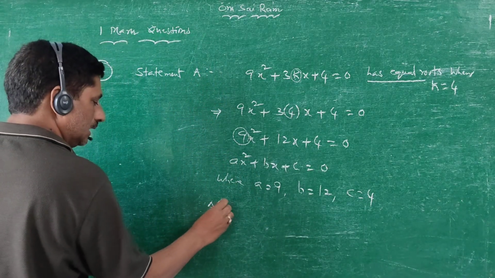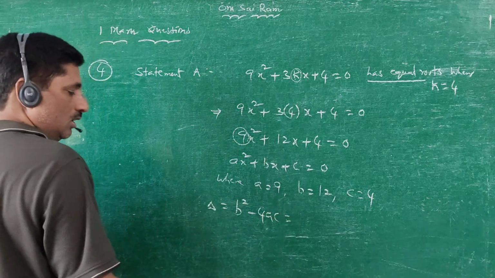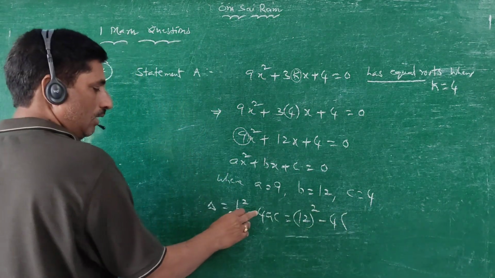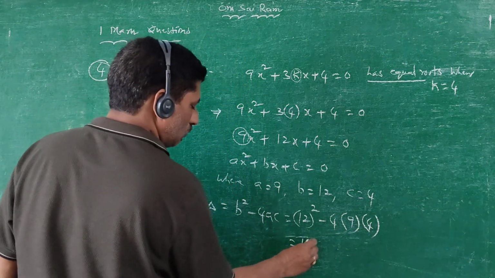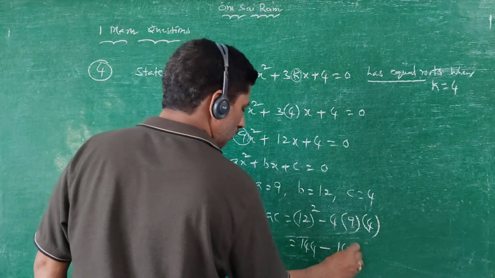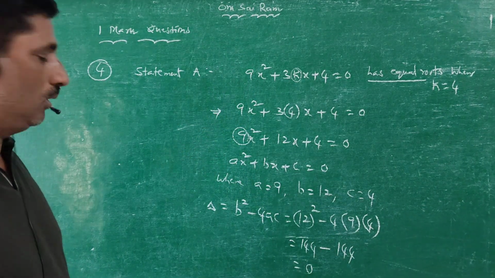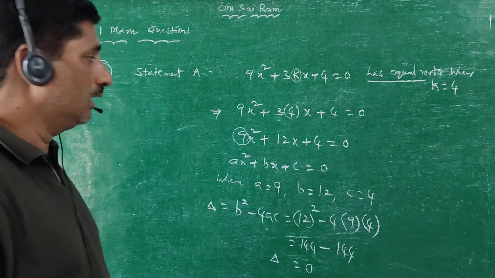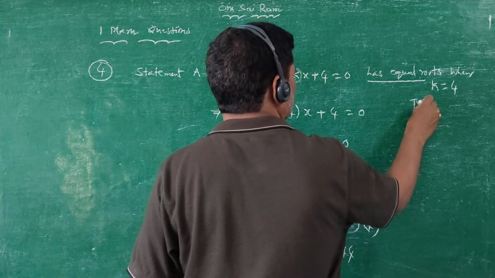Now I find the discriminant value, delta, b square minus 4ac: 12 square minus 4 times 9 times 4. 12 square is 144 minus 4 nines are 36, 36 fours are 144 again. You get 0. The discriminant value is 0. If delta is 0, of course the roots are real and equal. So statement A is true.